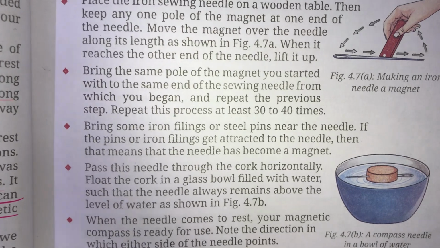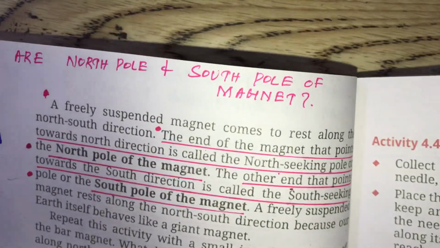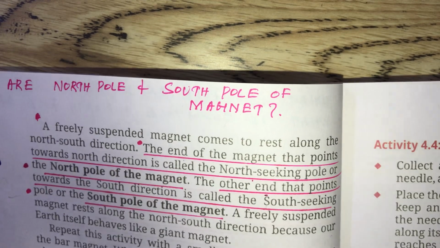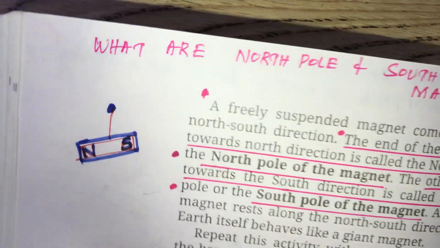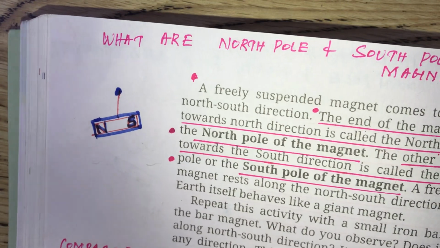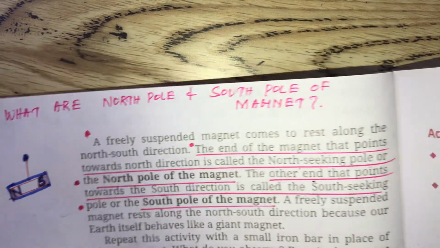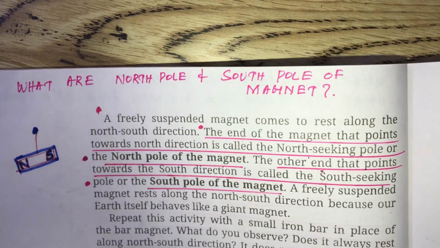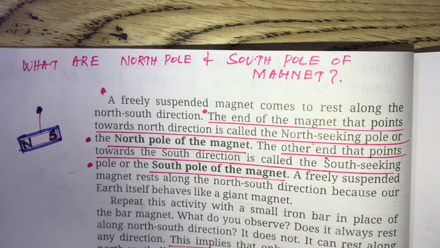The next point is how to identify the north pole and south pole of a magnet. If a magnet is suspended in air, the north pole is directed towards the north side and the south pole towards the south side. Now we have to define them.